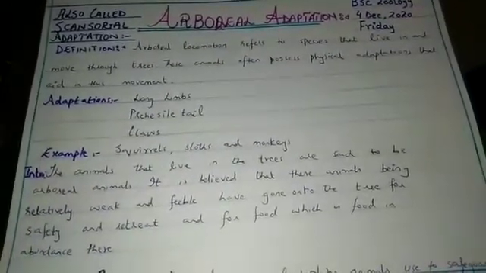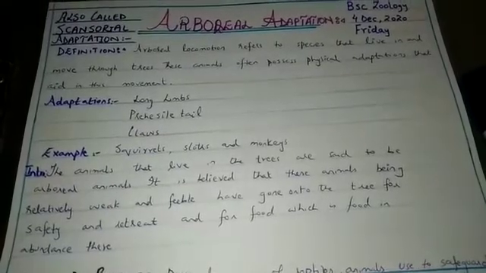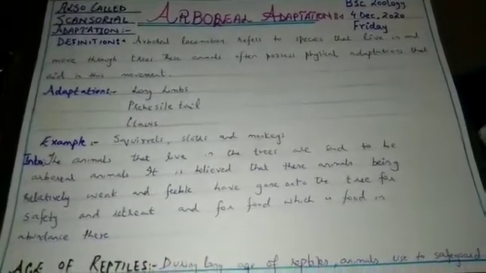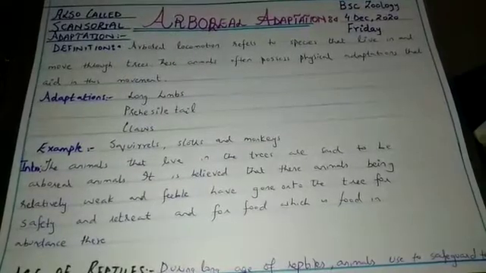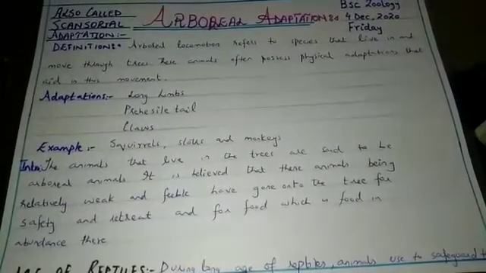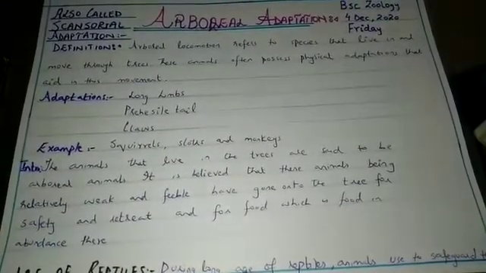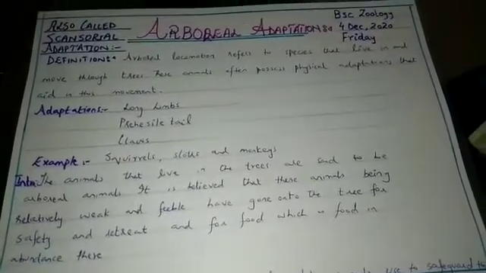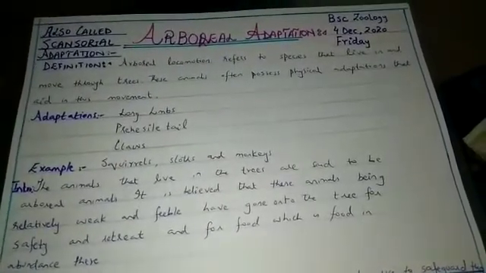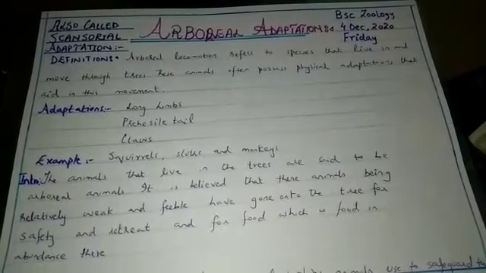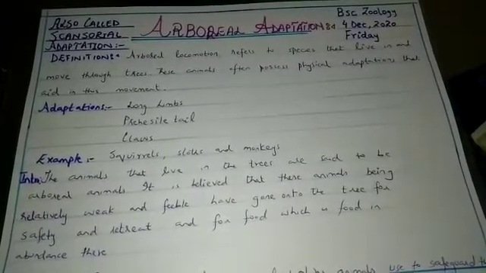When there is lots and lots of reptiles during the reptile age, the animals which are living down, they actually face the difficulties. To safeguard them, they try to climb on the branches.